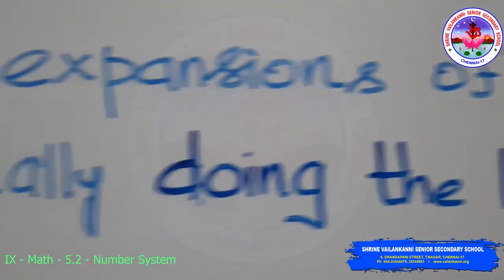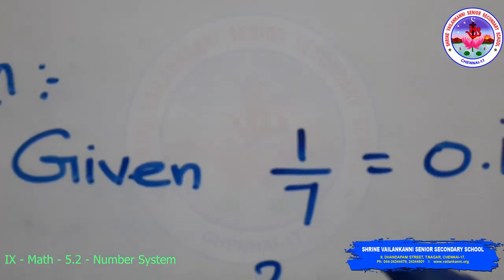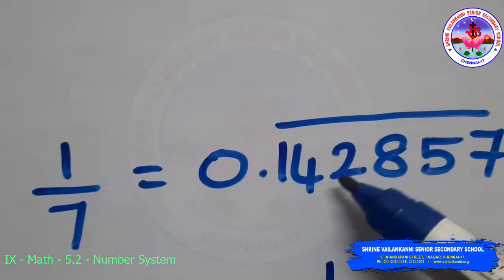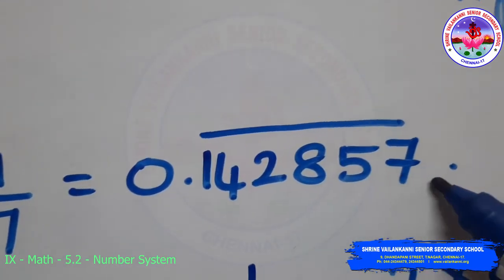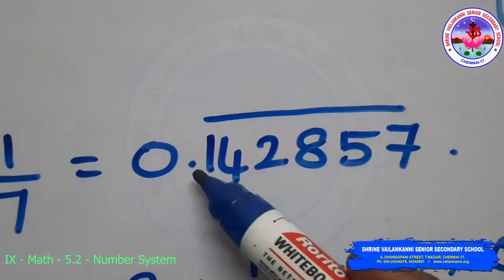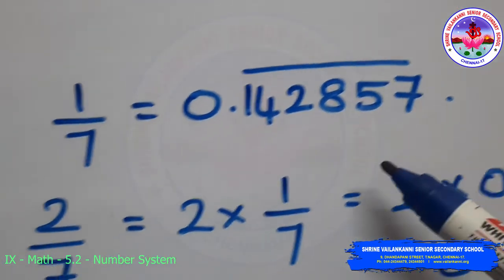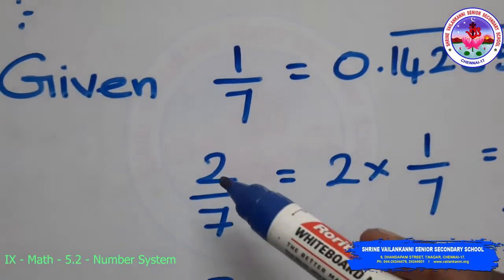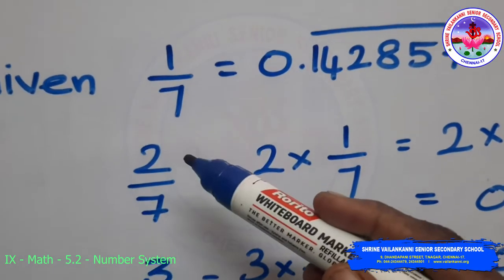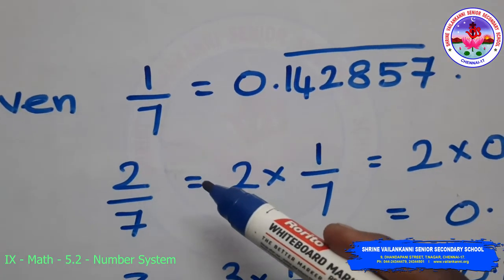So now coming to the solution, he has given 1 by 7 is equal to 0.142857 bar, where after the decimal point the digits get repeated. So we want to find the decimal expansion for 2 by 7, 3 by 7, 4 by 7, 5 by 7 and 6 by 7 without doing the long division.